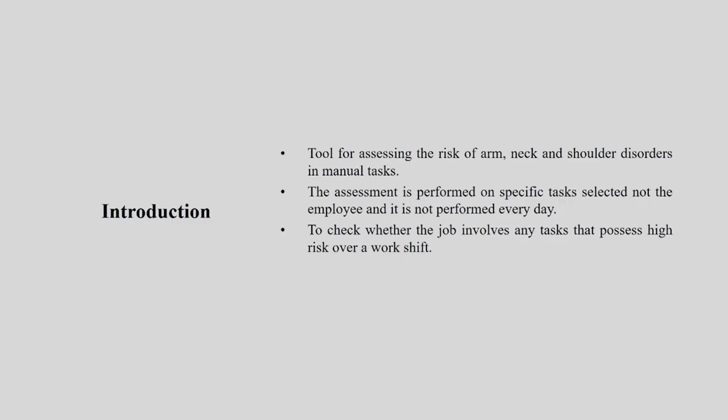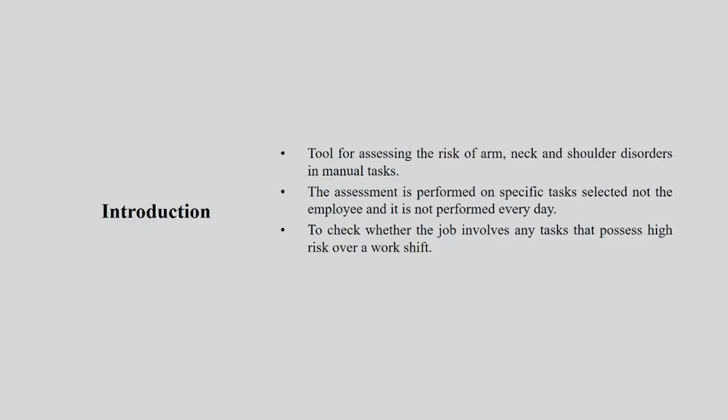These are the major groups of muscles exposed to different risk factors of musculoskeletal disorders. There are many tools available which talk about the upper extremity. This tool is also very specific to the upper extremity, neck, arm and shoulder, and of course to when the operator is involved in a manual task. The assessment is performed on a specific task selected, not on the employee, and it is not performed every day.